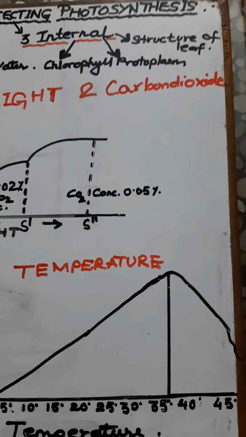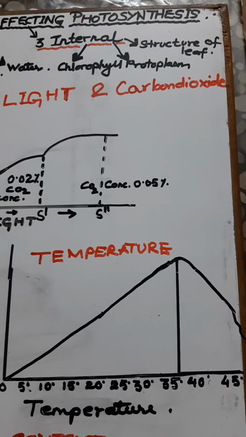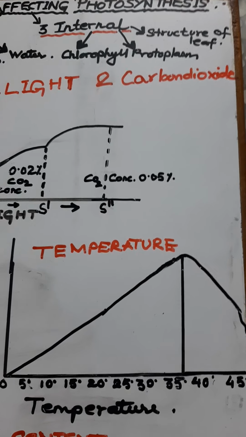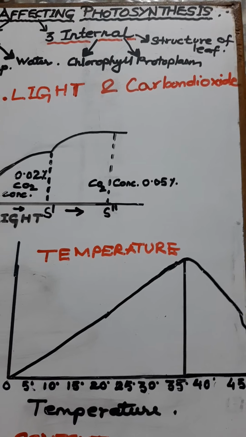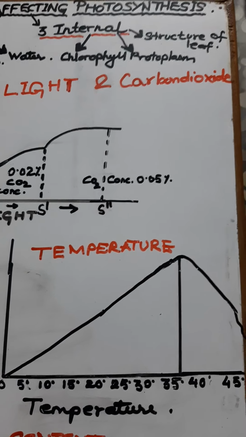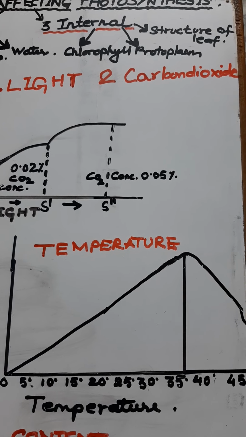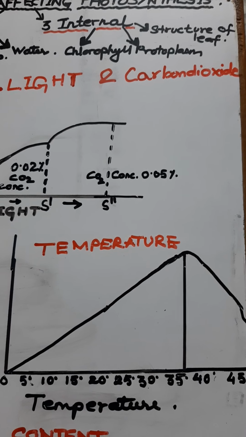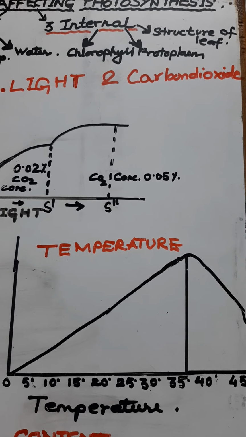Now, structure of the leaf. Structure of the leaf means the leaf could be thin, okay, the thinness of the leaf, the distribution of stomata in the leaf, that is another factor, and the size of the leaf.